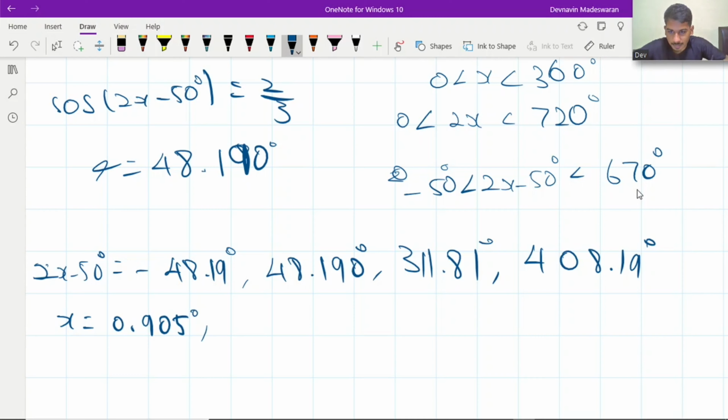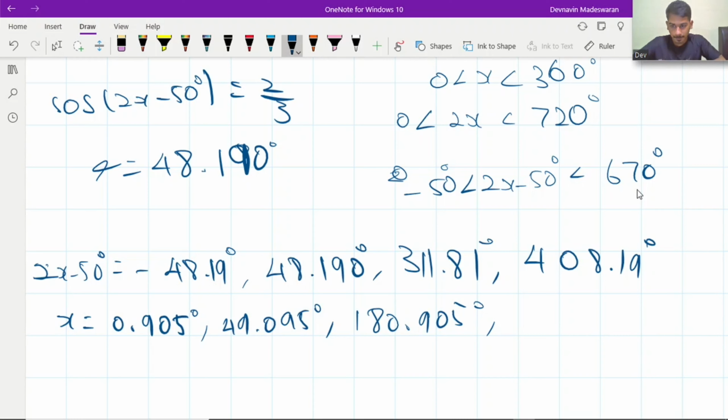And then the other one is going to be 48.19 plus 50, then divided by 2. That's going to be 49.095 degrees, and then for 311.81, again plus 50 divided by 2, 180.905. Well, this seems very dangerous, but okay, let's just do it.